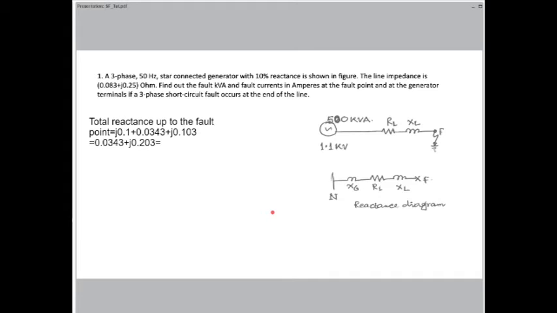We don't need the angle, we need the magnitude. So tell me the magnitude of this one. Can you tell me the magnitude? Anyone? Where is your calculator?